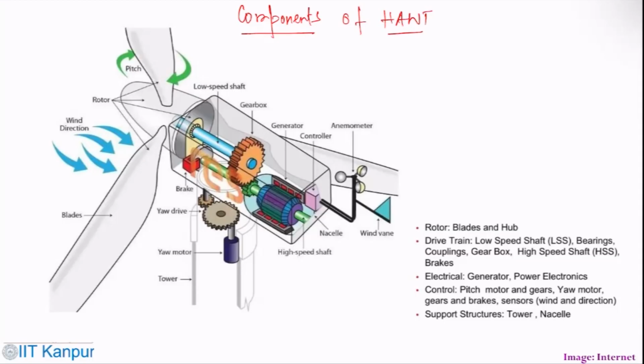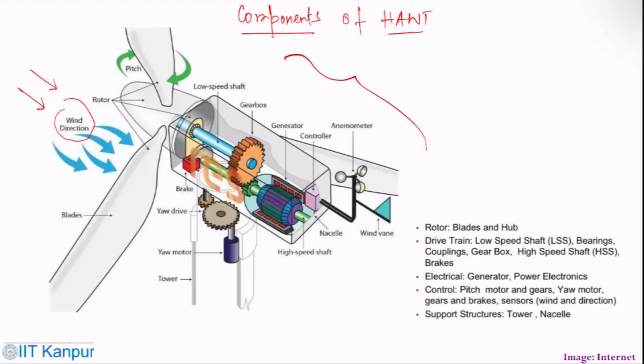You can see this is the complete nacelle, which is open in that sense. This is the wind direction, and then you see these rotor blades.